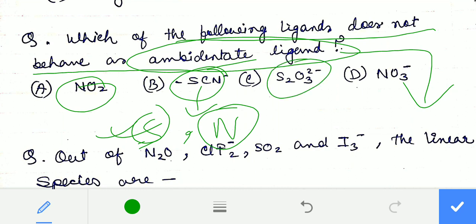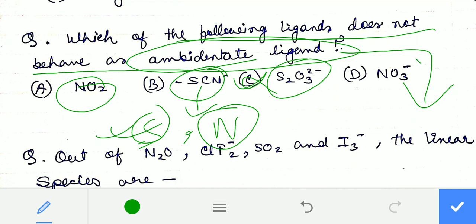And option C is thiosulfato. Here both the sulfur and oxygen atoms can donate electron to the central metal atom. While oxygen is donating electron, we call it thiosulfato-O, and while sulfur is donating electron, it is known as thiosulfato-S. Now options A, B, C are all ambidentate ligands.